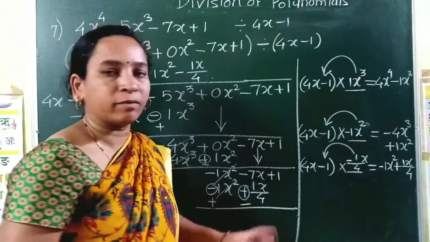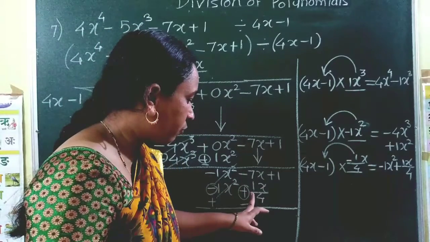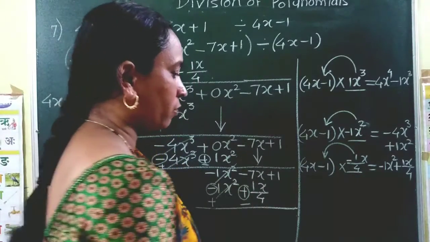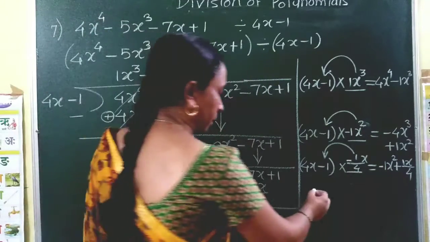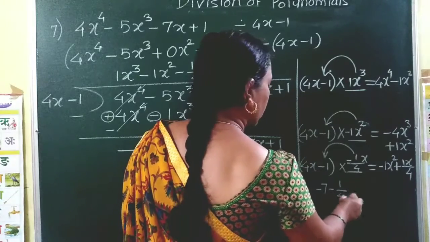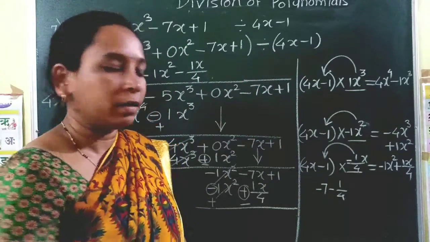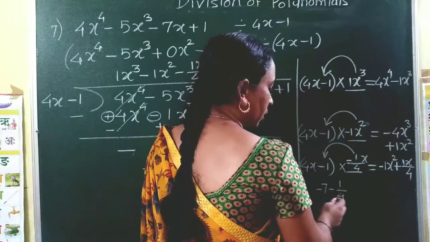Now here we have to solve it. How to solve this? Minus 7, from that we have to minus 1 upon 4. So that solution I'll show you separately here. Minus 7 minus 1 upon 4. So there would be the addition, but they don't have the equal denominator. So we'll make the denominators equal.